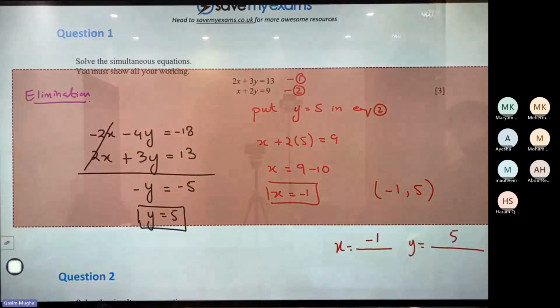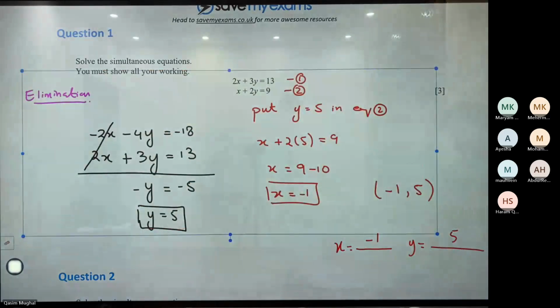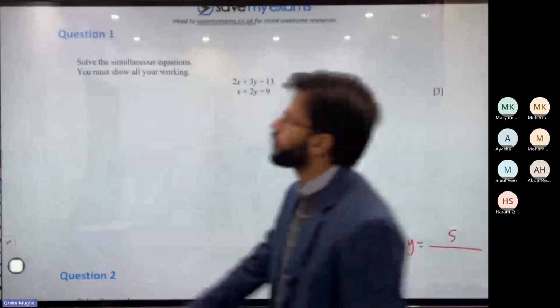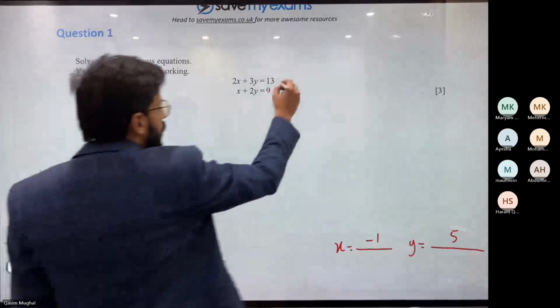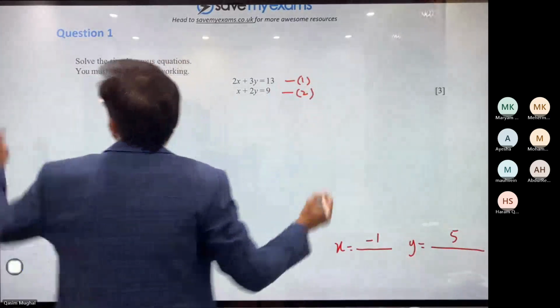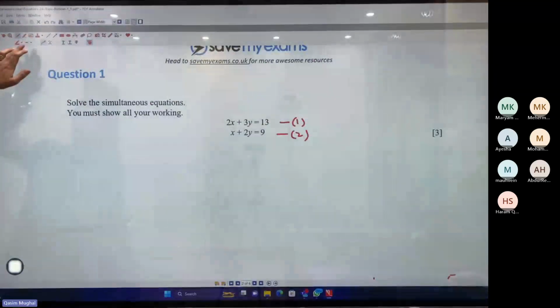I'll keep the solution here. Okay. Substitution method के notes पे जाते हैं जी.